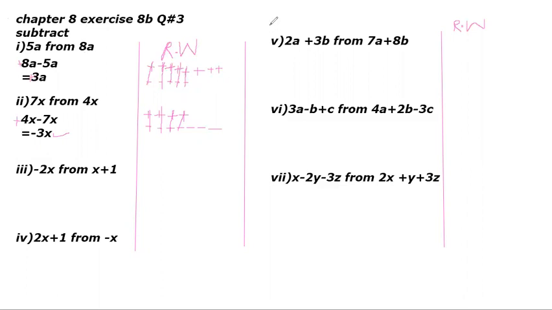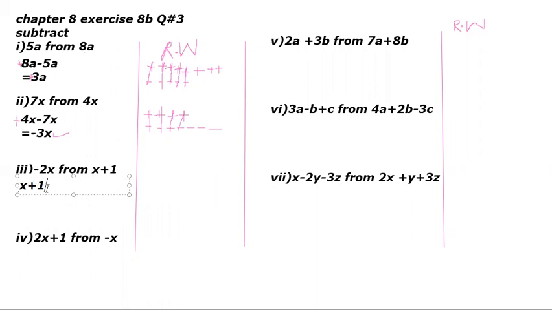Now we will solve it. After keeping it in our mind, we will solve it like this. We have to subtract this term negative 2x from x plus 1. So I need to write x plus 1 first, and then I need to write negative 2x. One more thing you need to know, this term negative 2x is negative, so we should write it in the parentheses.